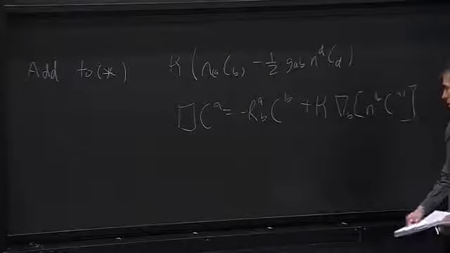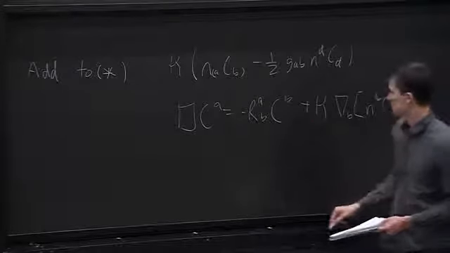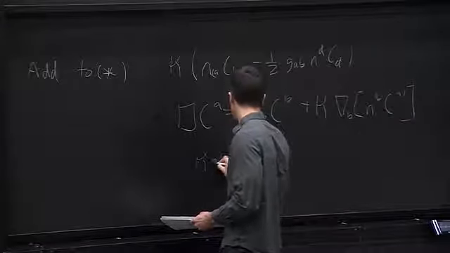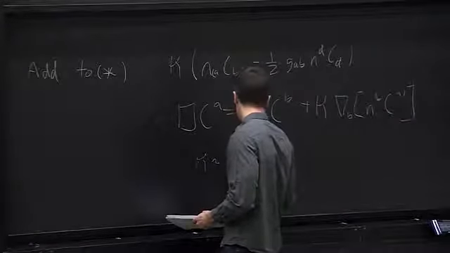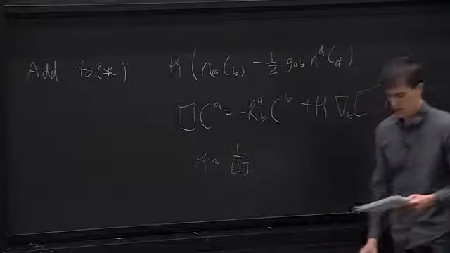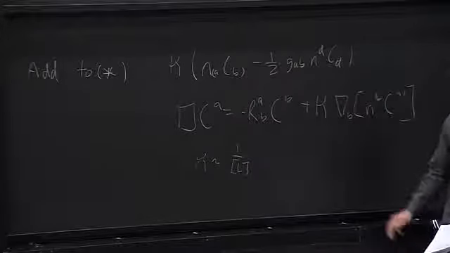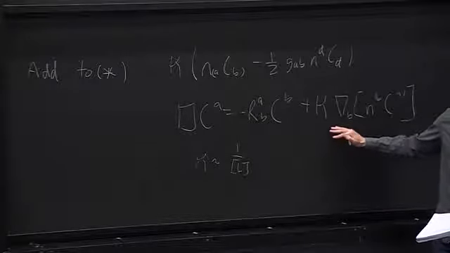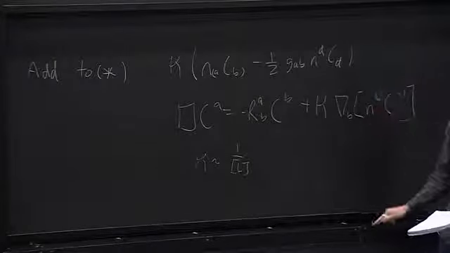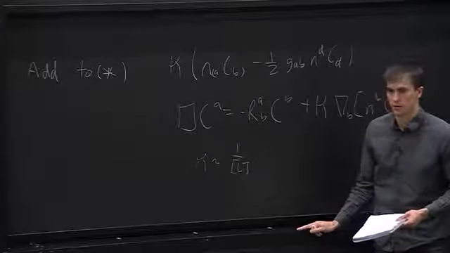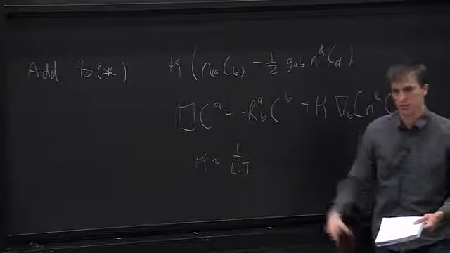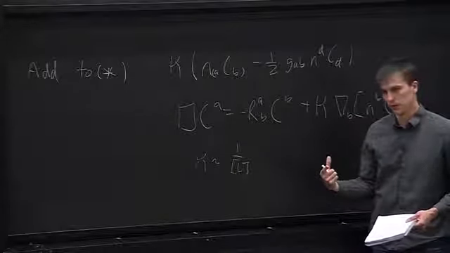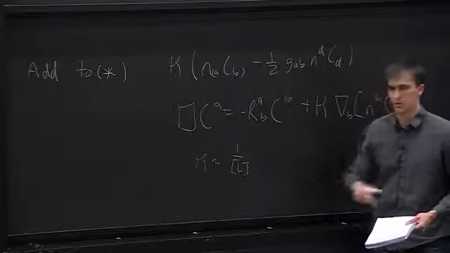And you can see from this that kappa is going to have the dimensions of 1 over length or time. And so this term will damp violations of this constraint on timescales of 1 over kappa, or equivalently, it will damp constraint violation with wavelength 1 over kappa or larger.